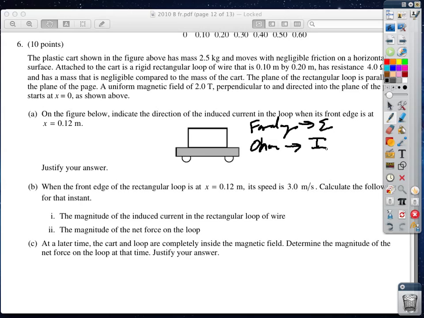Then the magnitude of the net force on the loop. What could be causing the net force on the loop? Kevin, any thoughts? Okay, how about this? Can you tell me the 2 right-hand rules, please?